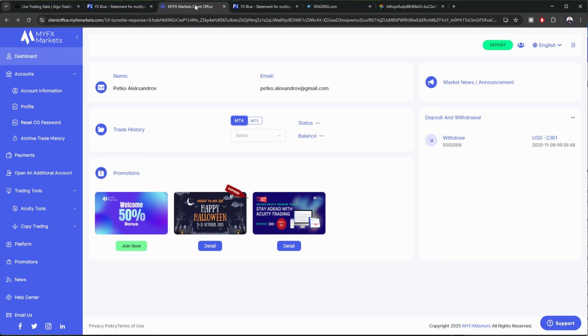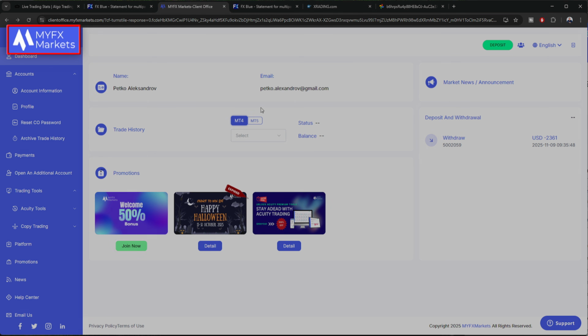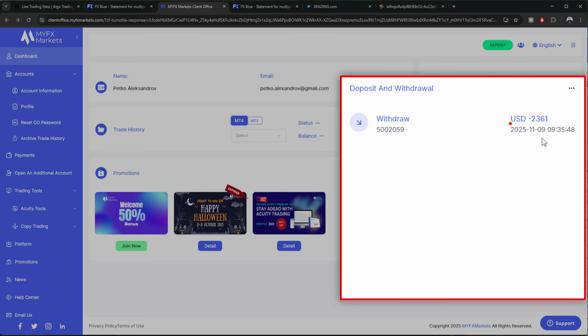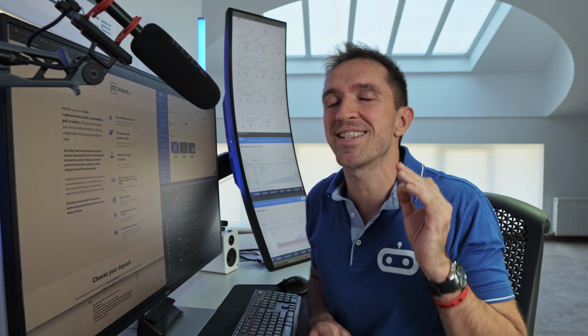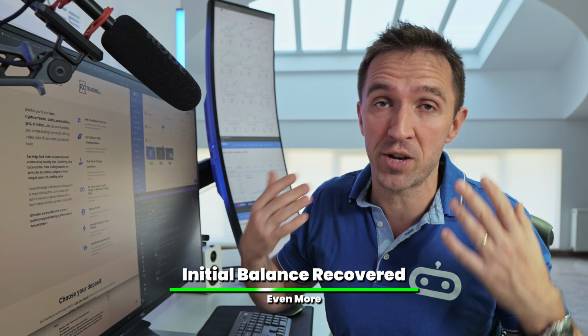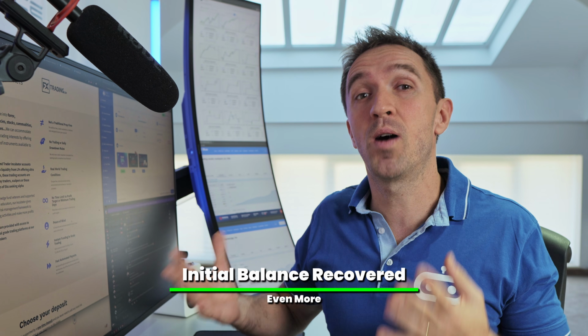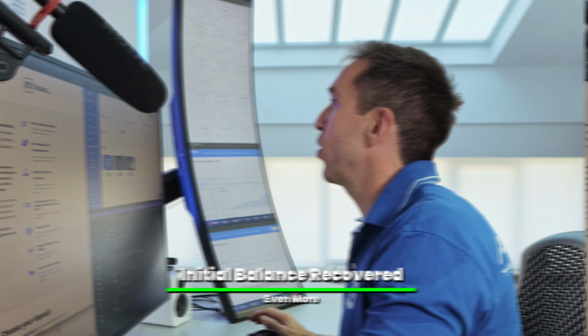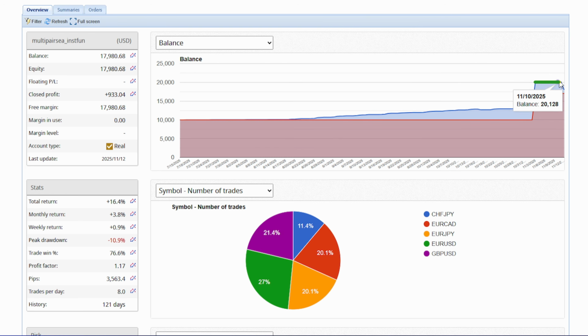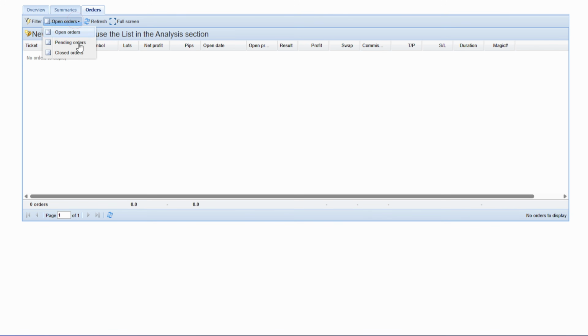And if I show you My FX Markets and the withdrawal, it was exactly $2,361. That's exactly how much hit my account, and obviously I have recovered the initial investment of $1,000, actually made much more. But unfortunately on the second stage, right in here, I had this drop, and this one happened with the pair Swiss yen.